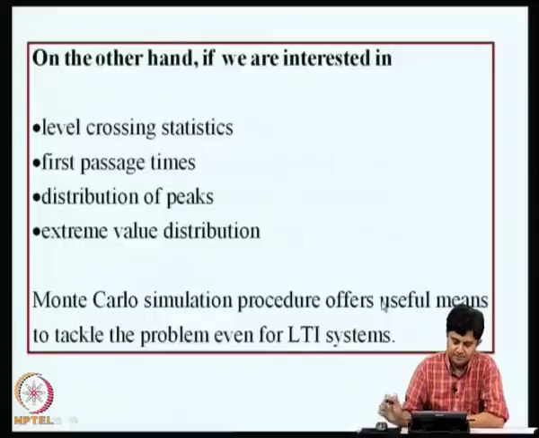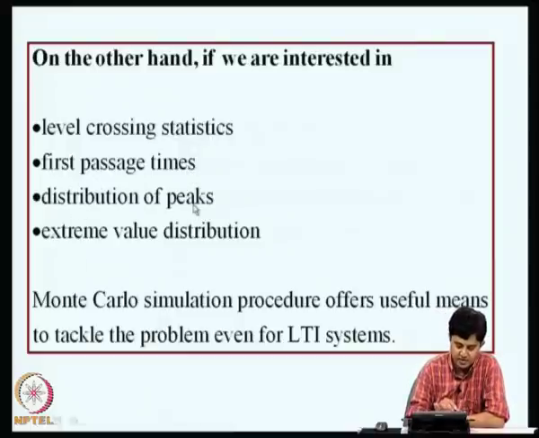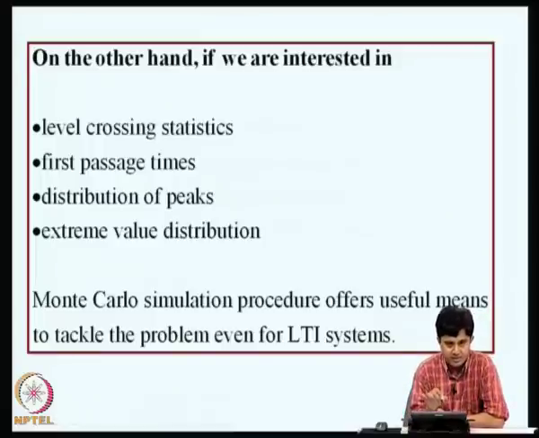On the other hand, if we are interested in say level crossing statistics or first passage times or distribution of peaks or extreme value distribution, even for linear time invariant systems under Gaussian excitations, we do not have an exact solution to probabilistic description of these quantities. We have used certain heuristic arguments and postulated models.